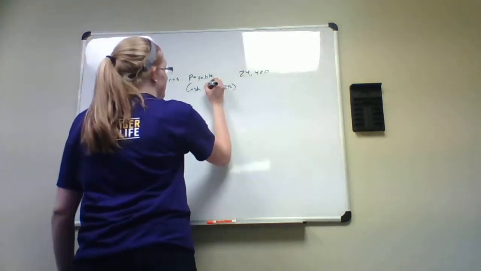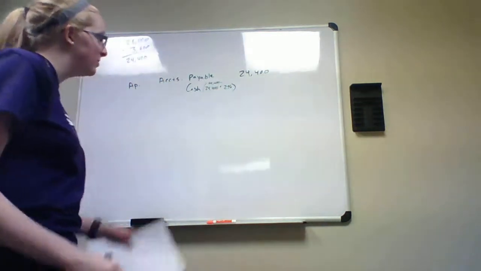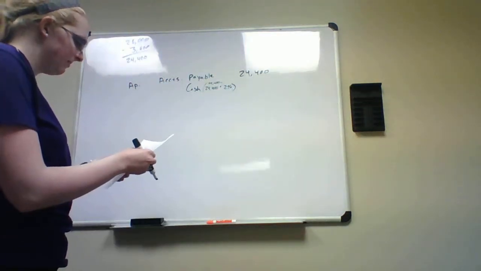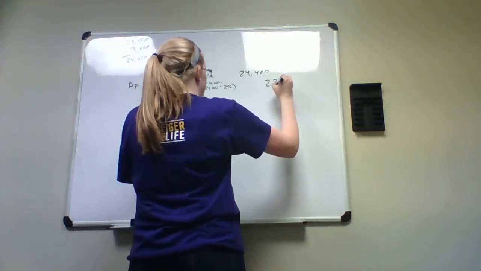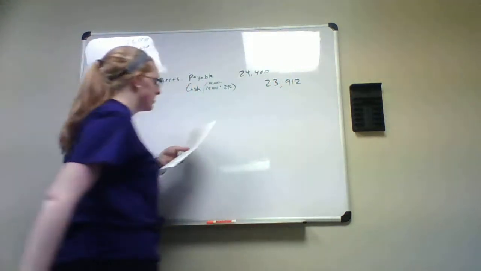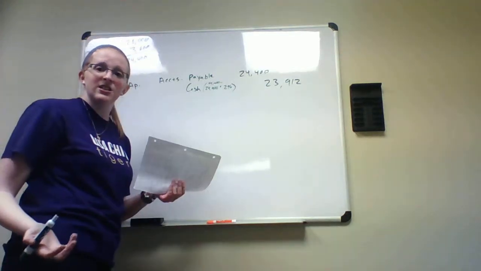So it should be $24,400 minus $24,400 times 2%, and that should be equal to $23,912, okay?